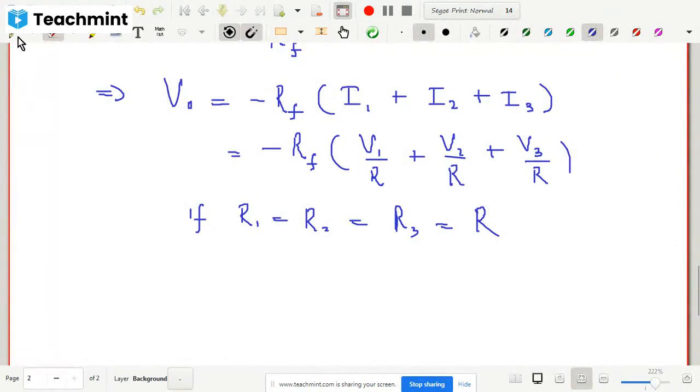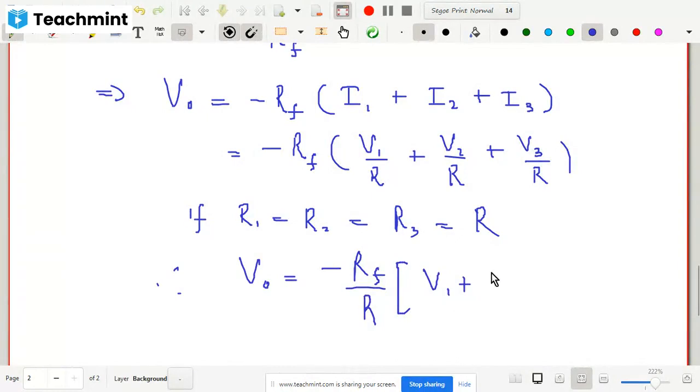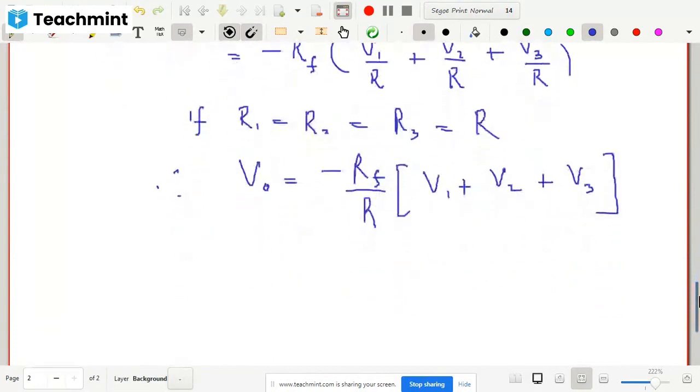Now, so that you can take this R common outside, you can write that V naught is equal to minus of RF divided by R, just R. Then inside you will have V1 plus V2 plus V3. Now you see this expression carefully.